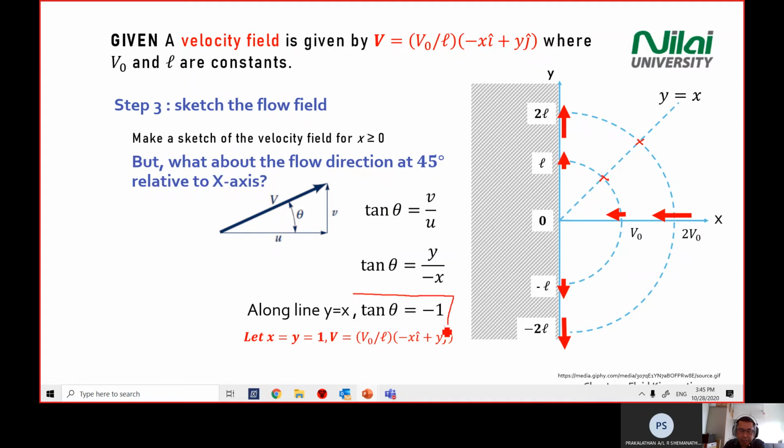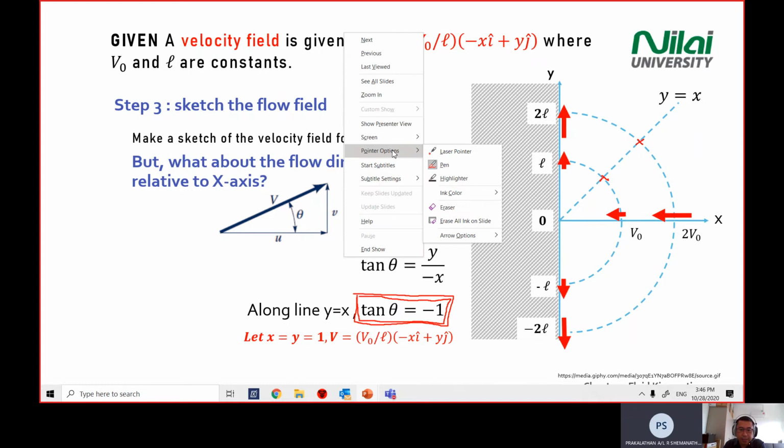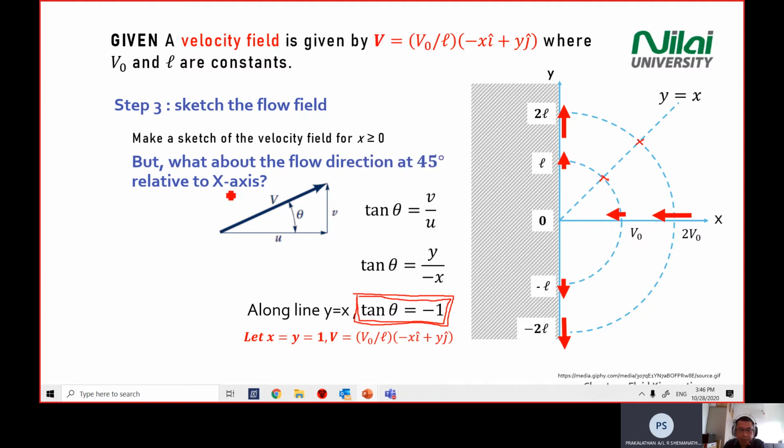At this moment, this value does not tell you anything, but when you solve complex problems, it means something else. So at this moment, you just know that the tangent value equals -1 if you substitute x and y in this equation. Tangent is y over x, and negative x means the tangent is -1. Yes, because we refer to this vector diagram.